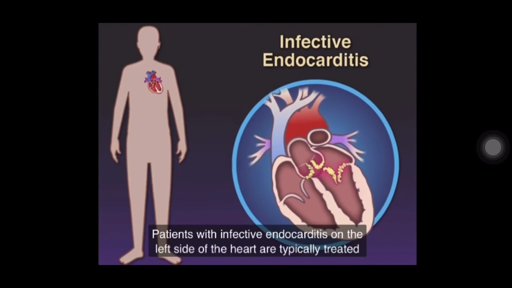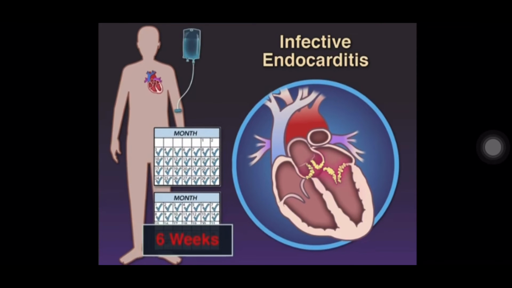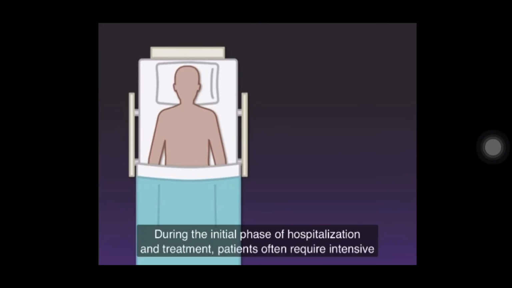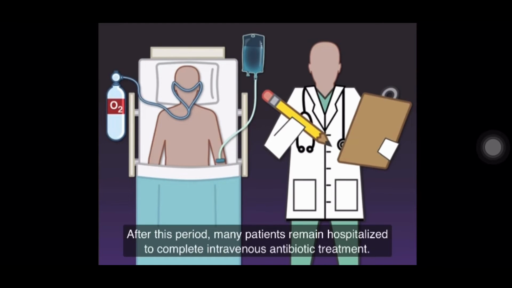Patients with infective endocarditis on the left side of the heart are typically treated with intravenous antibiotic agents for up to 6 weeks. During the initial phase of hospitalization and treatment, patients often require intensive care and close monitoring. After this period, many patients remain hospitalized to complete intravenous antibiotic treatment.